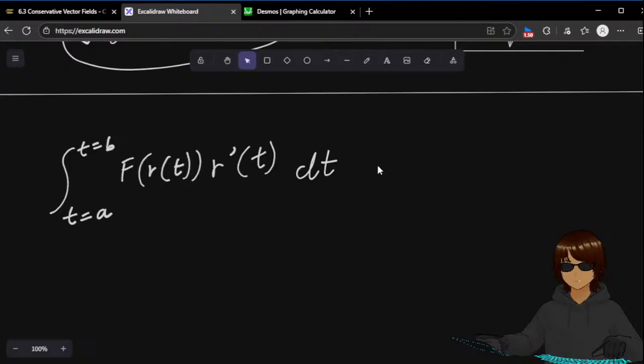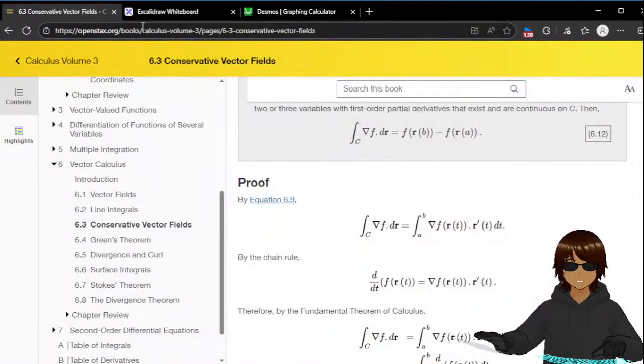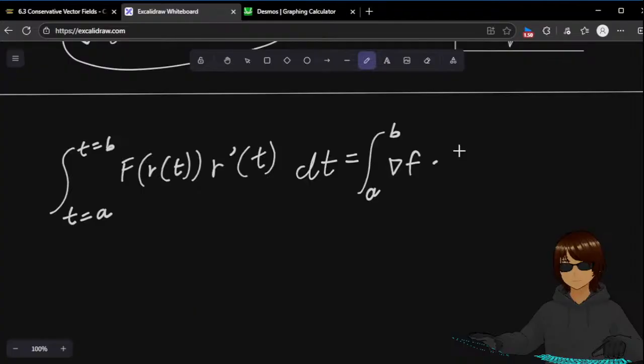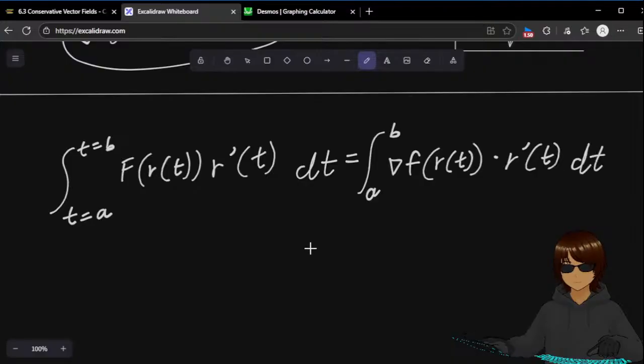If F is a conservative vector field, then I can write it as the gradient of f, and the fundamental theorem says that I take f at point B minus f at point A, and that is equal to this.